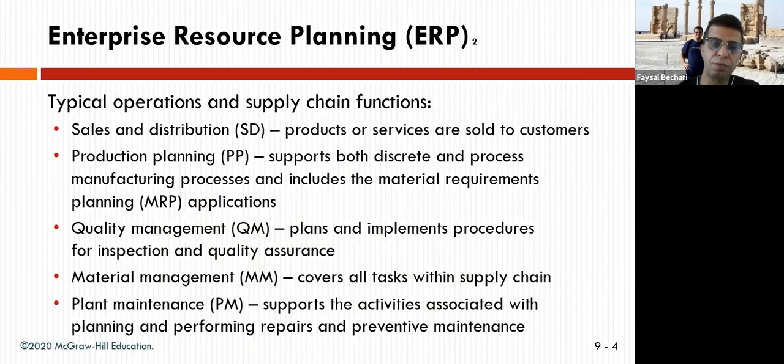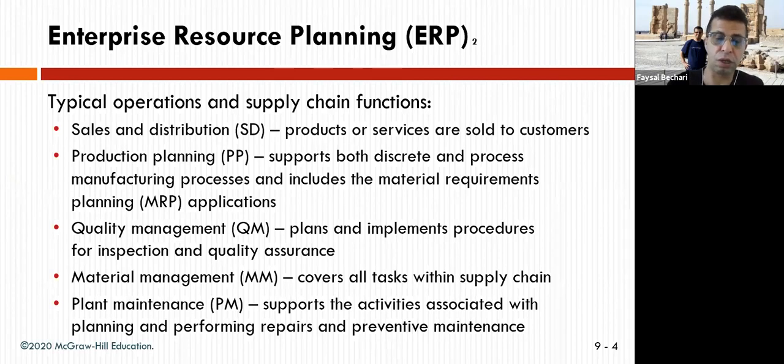Now, in enterprise resource planning, we typically have the operation and supply chain functions, such as sales and distribution, or SD, for products or services sold to the customer. You have an application called production planning, which supports both discrete and process manufacturing and includes material requirement planning, the MRP application.